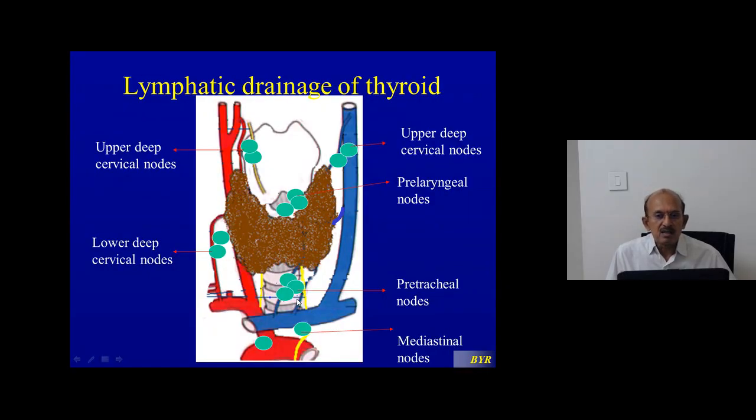That is why in all suspected papillary carcinomas of the thyroid, whenever you are doing surgery of total thyroidectomy, you must also include pretracheal and prelaryngeal lymph nodes in your dissection. That is called central compartment clearance. So that means these Delphian nodes must be removed as a block along with the thyroid gland. So that is the importance of Delphian nodes. Though the name is derived from the unknown, they have a lot of importance.